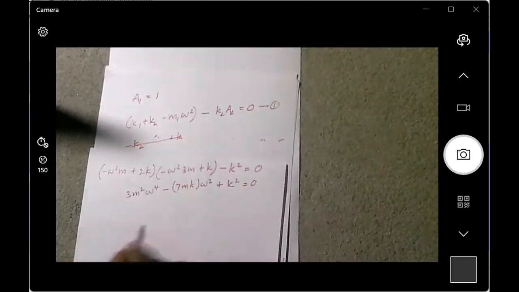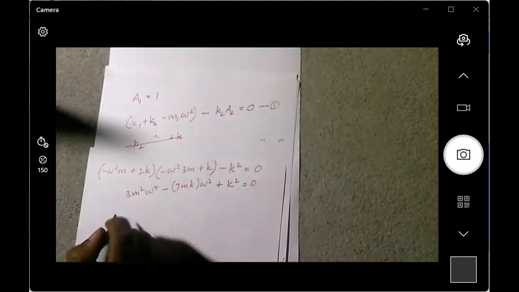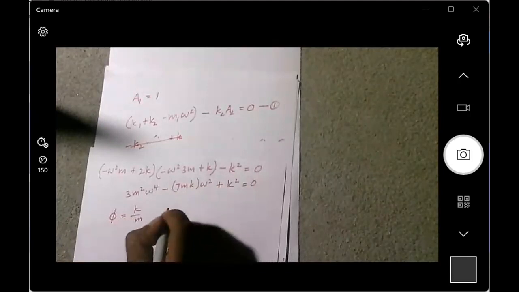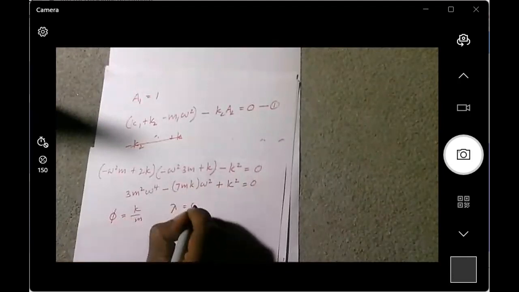And then we are going to define two things. Phi, which will be equal to k over m, and lambda we define as omega squared.